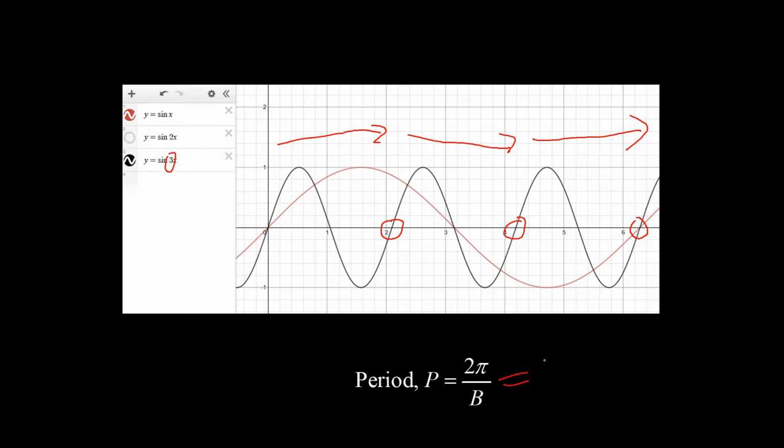So we get for the period 2 pi over 3. And ultimately, this 3 is telling us how many repetitions we make before we get to the actual period of the regular old sine function. Now, I'm saying regular old sine function so that you think of just sine of x. There's no numbers in there.